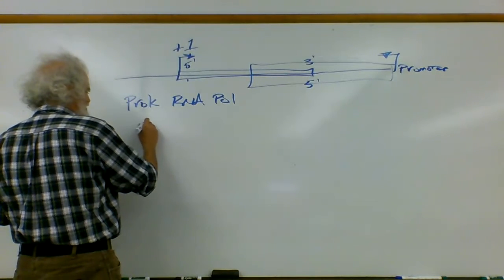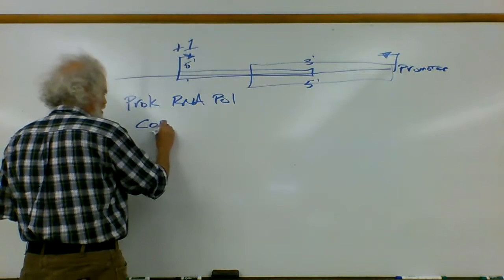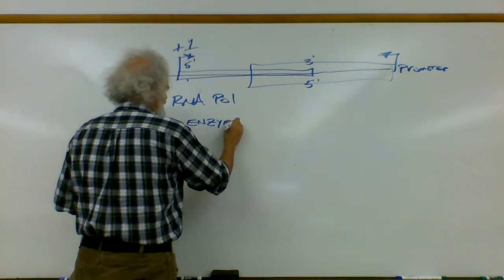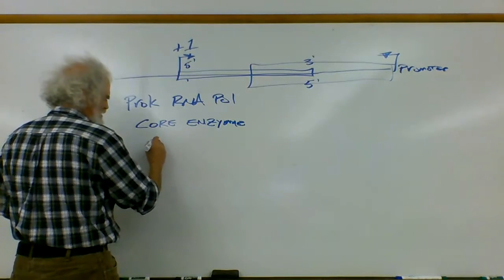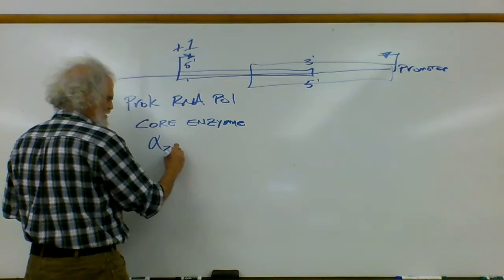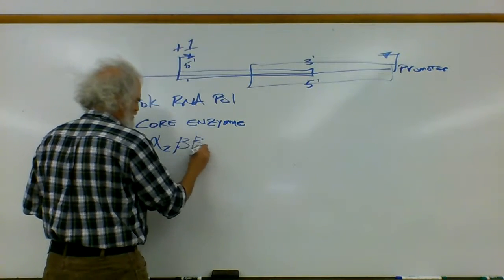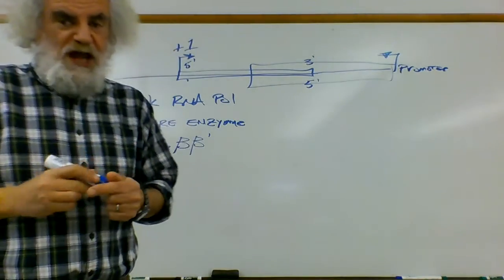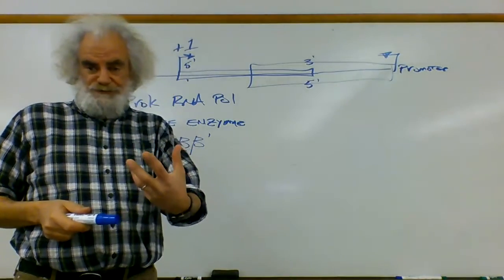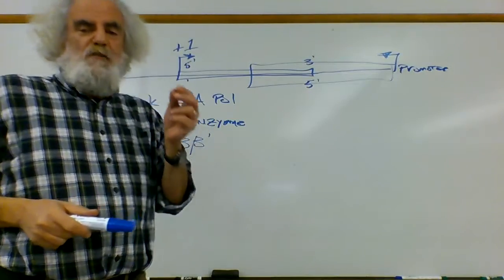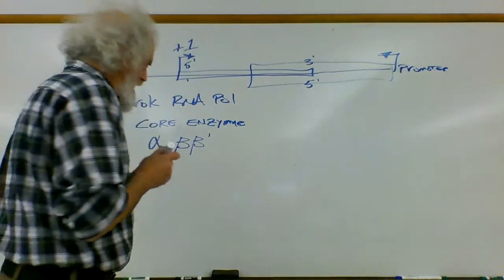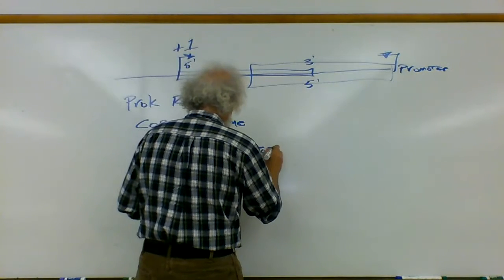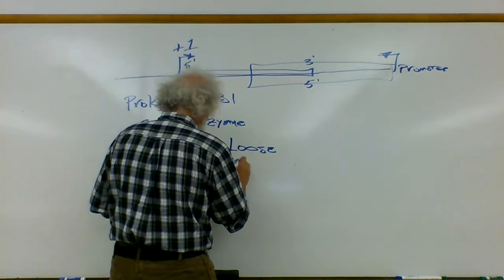There's what's known as the core enzyme, and that is 2 alpha subunits, a beta subunit, and a beta prime subunit. This is the RNA polymerase that actually can carry out polymerization, but it doesn't have promoter-specific binding affinity. This exhibits what's known as loose or non-specific DNA binding.